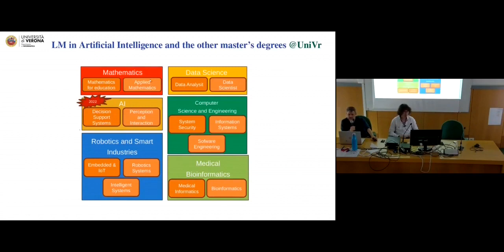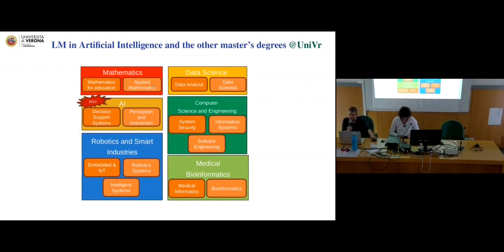Another question is what is the difference between this degree and the other degrees of the same department? Here we have mathematics, data science, computer science and engineering, medical bioinformatics, and robotics and smart industries. What I would like to say is that AI has a strong focus on AI methods, like algorithms, okay?